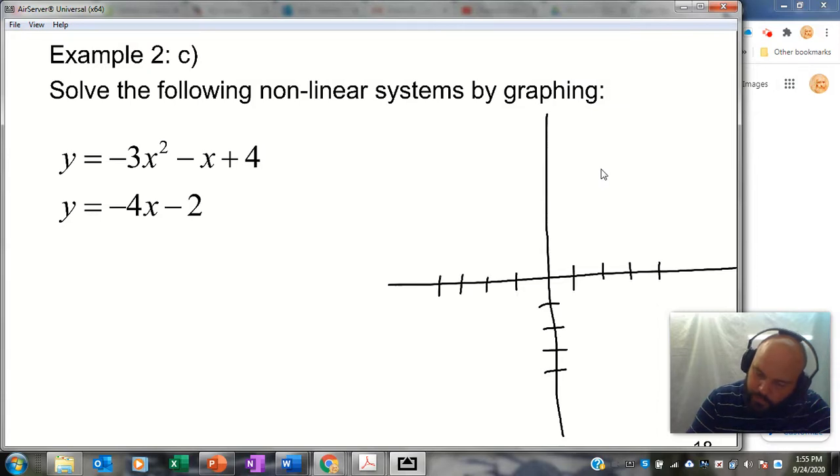That wasn't very good. 1, 2, 3. That was a little bit more too. And so when I go to graph this, what color do we want to use? Let's use orange again for this one.